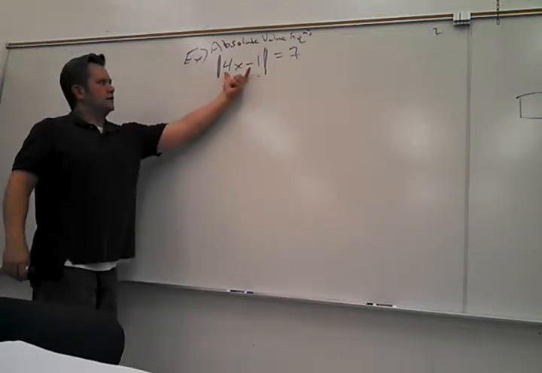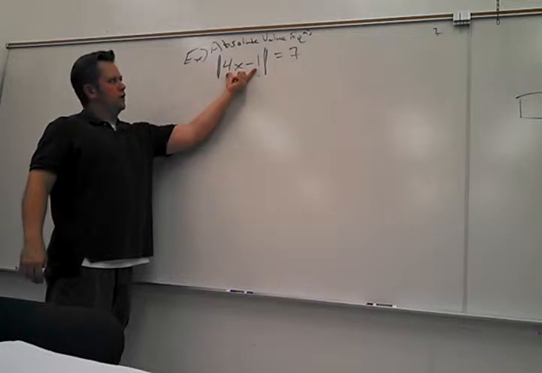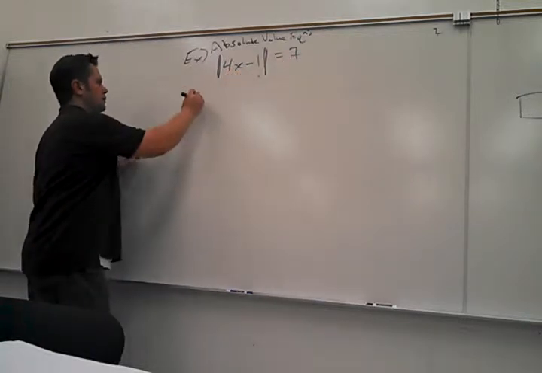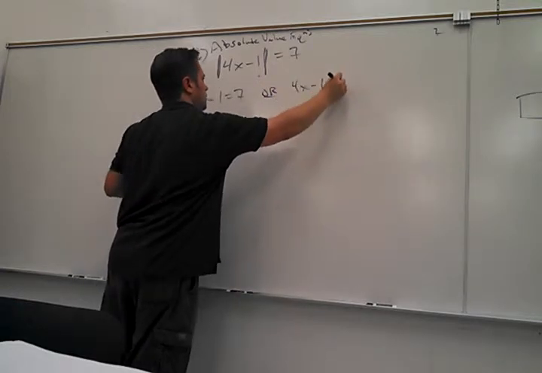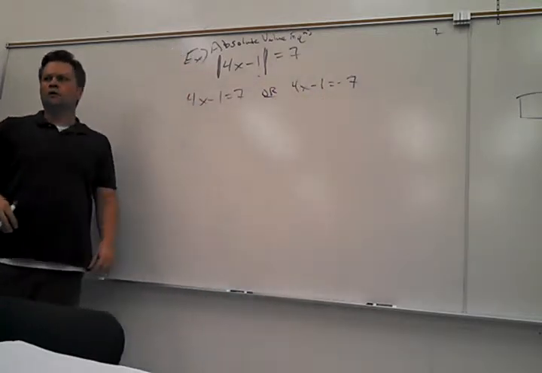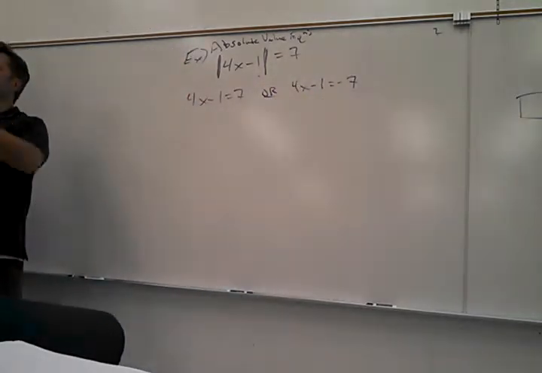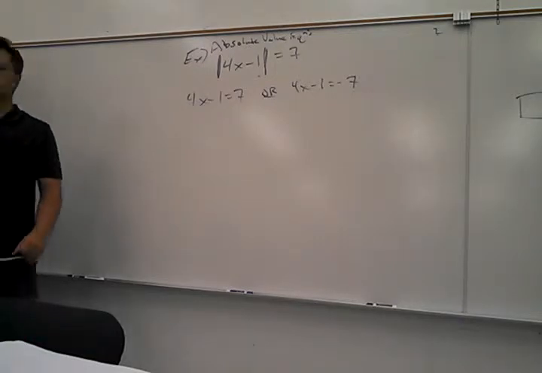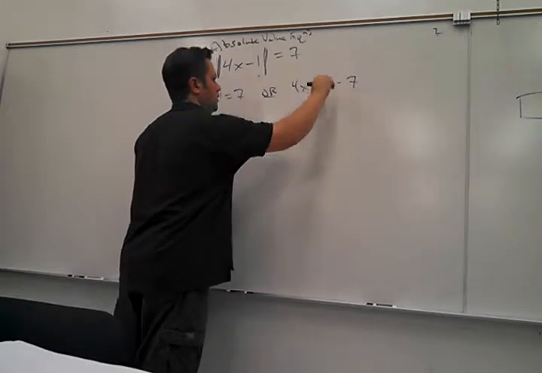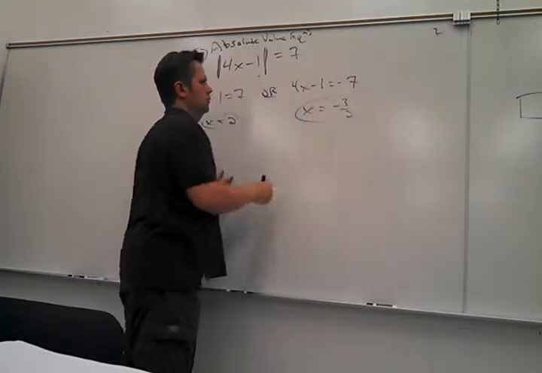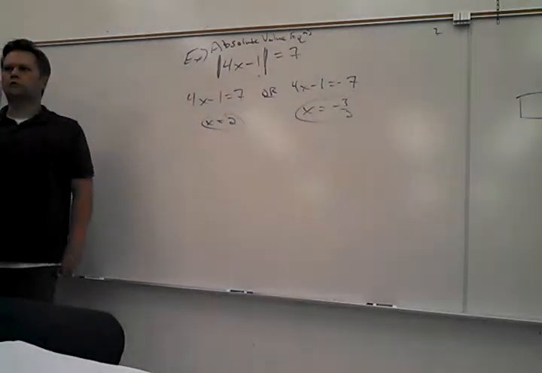The absolute value idea says, what would this be to make it 7? Well, it could be 7, or the thing could be negative 7. And then you can just solve those two equations. So add 1, divide by 4. Add 1, divide by 4. Is that cool?